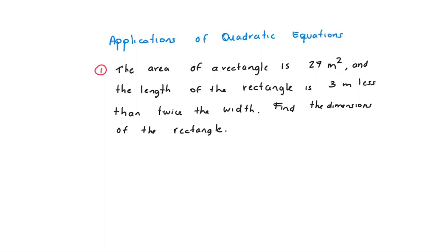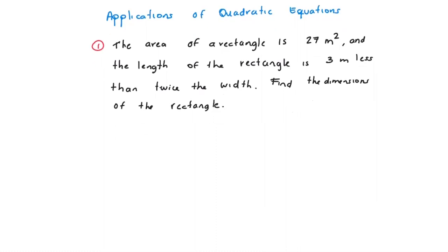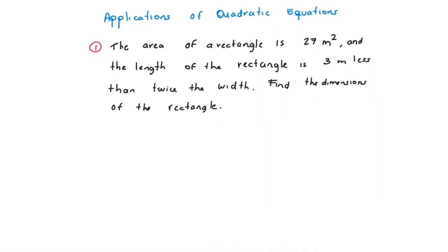Okay, so here we go. The area of a rectangle is 27 meters to the second power, and the length of the rectangle is 3 meters less than twice the width. Find the dimensions of the rectangle. Well, as with all word problems that have to do with figures, drawing the figure could help. So here we go.